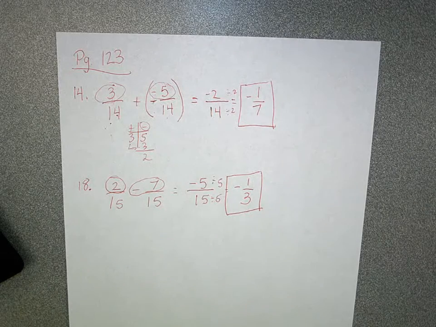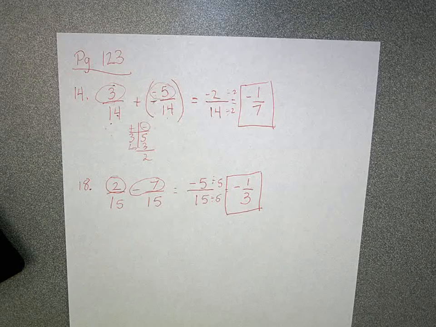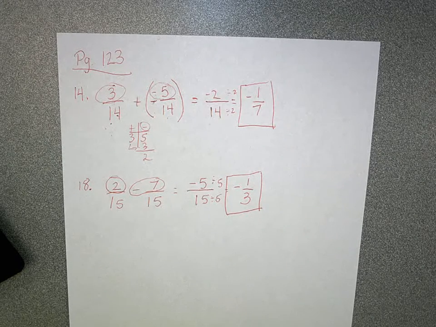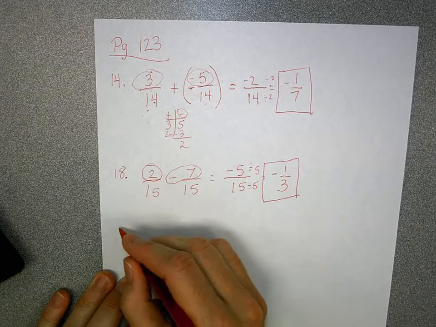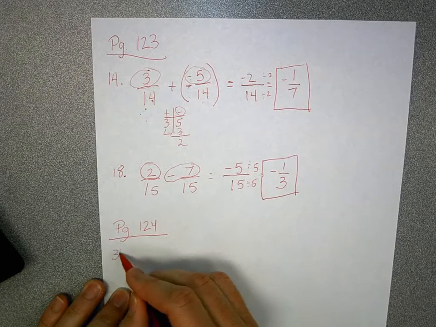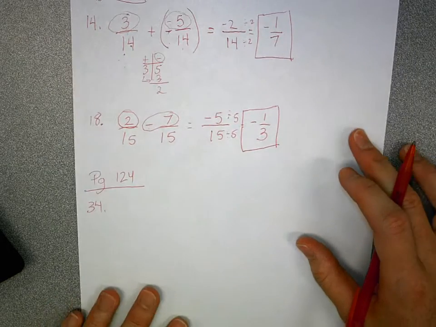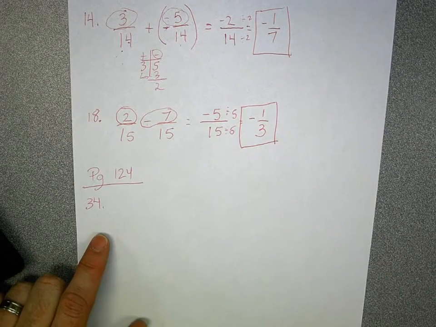Okay, I want to do one more type of problem with you guys on this lesson. So here's what I want you to do. Actually, go ahead and flip over one page to 124. And let's take a look at problem 34. Problem 34. So page 124, problem 34. All right, so one of the longer problems on your homework tonight.